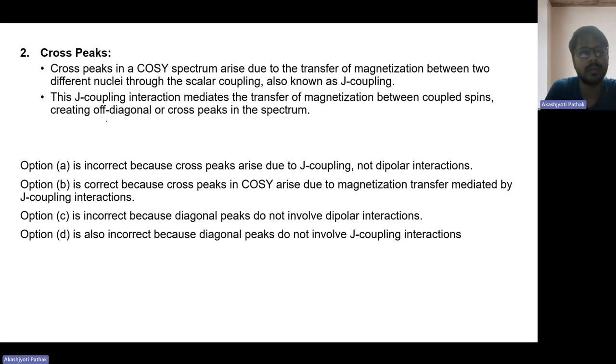And cross peaks in a COSY spectrum are a result of transfer of magnetization between two different nuclei through scalar coupling, known as J coupling. This J coupling interaction mediates the transfer of magnetization between coupled spins, creating off-diagonals or cross peaks in the spectrum.